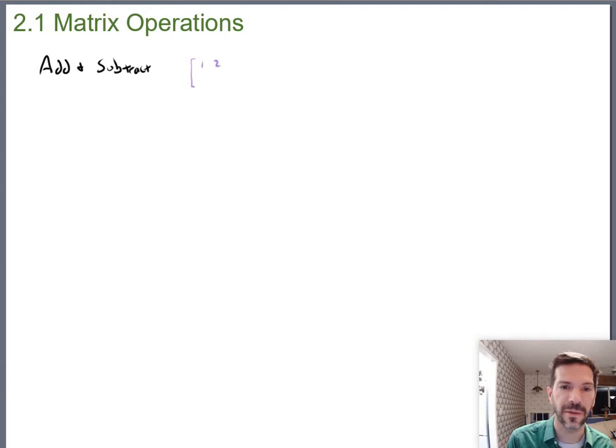So let's see, you've got 1, 2, 3, 4 plus 5, 6, 7, 8. The result is still going to be a 2 by 2 matrix, and you add the upper left. So 1 and 5 becomes 6, and you add the upper right. So you add the matching entries all the way across. So that'd be 6, 8, 10, and 12.